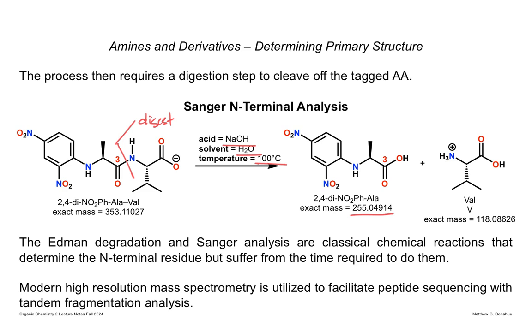So the logic holds, you're just using a different chemical tag. So again, these are sort of classical reactions in the evolution of how this was done. But again, the high-res mass spec is crucial in facilitating this sequencing.